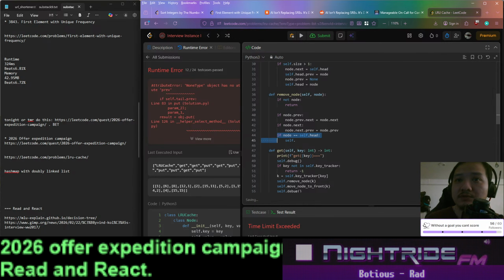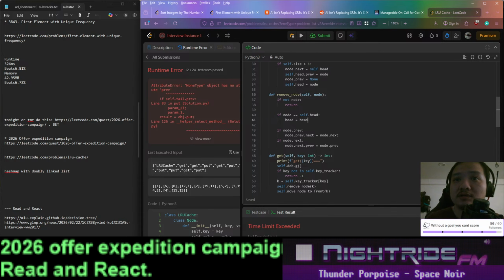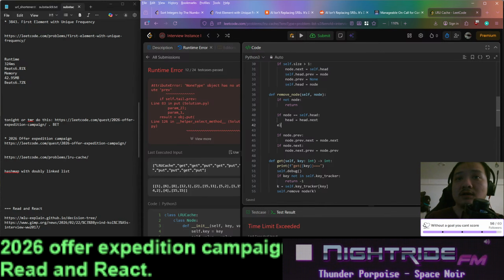Okay, before we fix all this stuff, if node is self.head, then head is going to be head.next. Right. If node is actually self.tail, right?